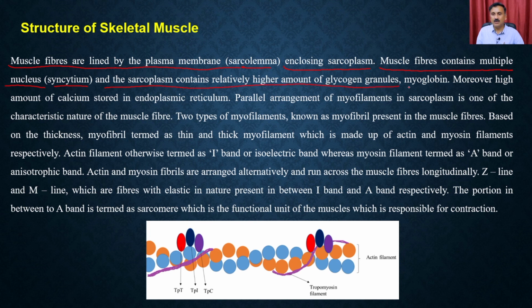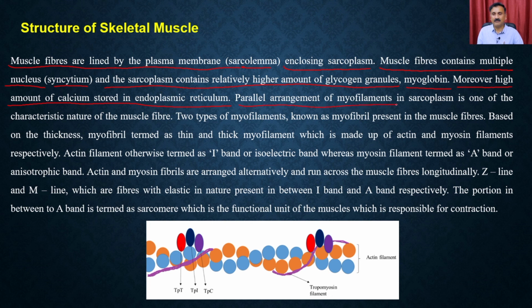The glycogen granules provide nutrition, and the myoglobin provides oxygen. Moreover, a high amount of calcium is stored in the endoplasmic reticulum. So, muscle cells have a very high concentration of calcium in their endoplasmic reticulum.